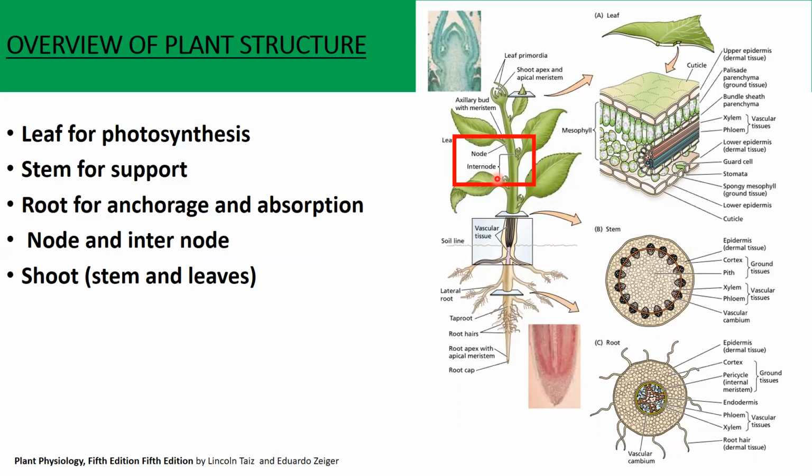The stem together with its leaves is commonly referred to as a shoot. So as we can see, here are the leaf, the stem and root. Here is a normal plant type, and here are the cross sectional representations and different types of cells present in these portions.